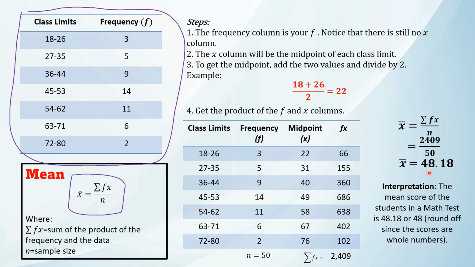So our mean is 48.18. For interpretation, the mean score of the students in a math test is 48.18, or 48 if rounded off, since the scores are whole numbers. So this is now the mean given this table.